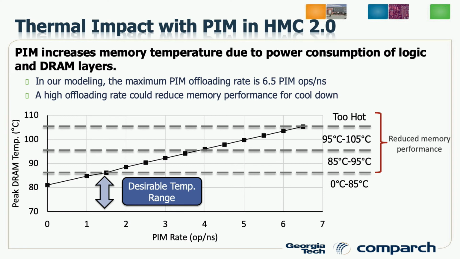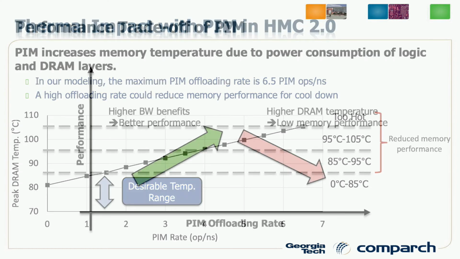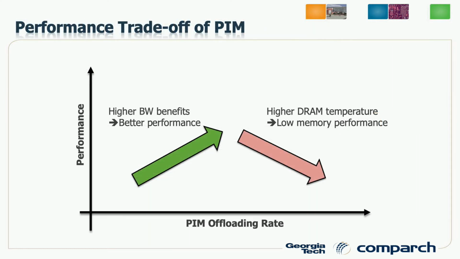Then we understand that we have to operate these PIM operations under the temperature boundaries in order to get the best performance. Because if we increase the DRAM temperature, not only does it exceed the temperature limit, it starts to slow down the DRAM frequency, so that will actually also degrade the performance. Based on these models, what we understood was that we have to control the PIM offloading rate based on the temperature monitors.